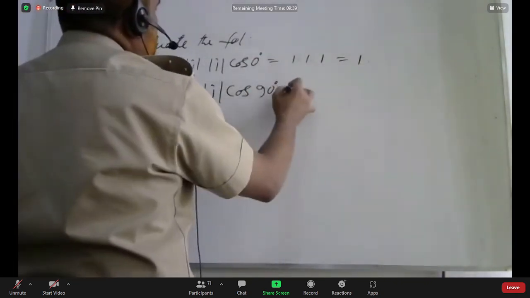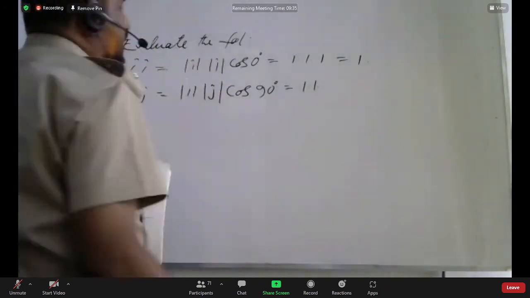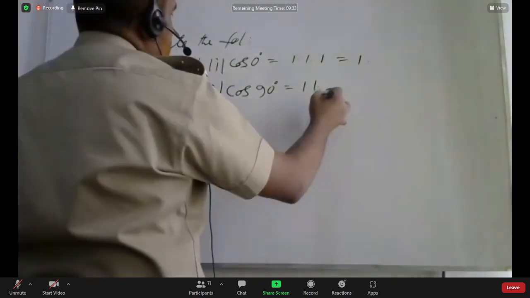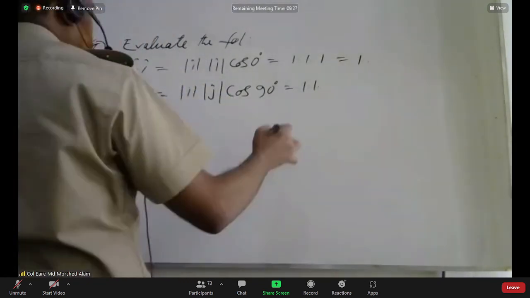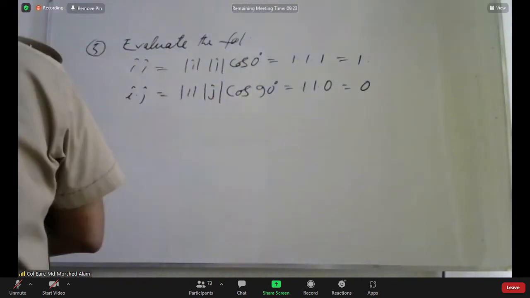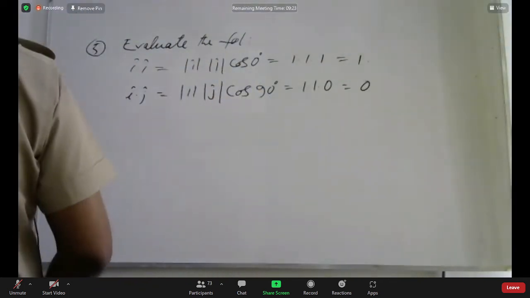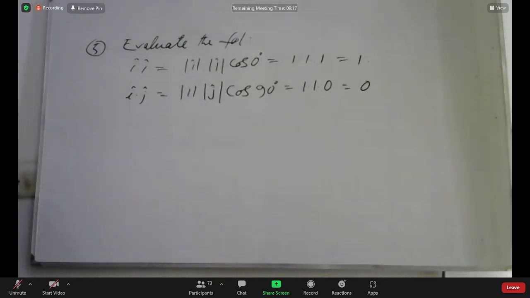So this is equal to 1, 1, and what is cos 90? Cos 90 is what? Sir, 0. So this is equal to 0. Okay? Clear? Similarly, k dot j is also the same. ওইভাবে আমরা k dot j also 0.